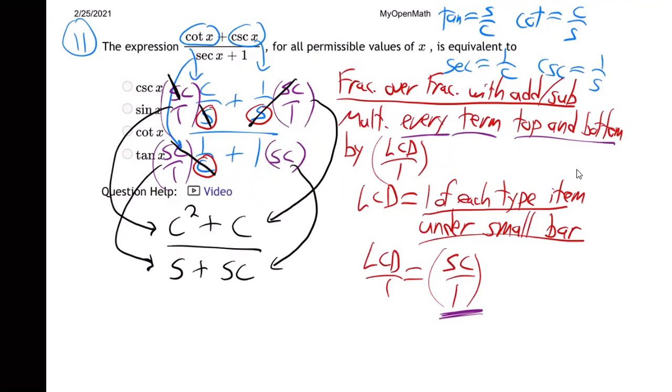Times 1 is just SC. Much nicer, right? No longer fractions over fractions. Much cleaner. Are we good there so far? Okay, now it's getting better, but we have a little more to go.